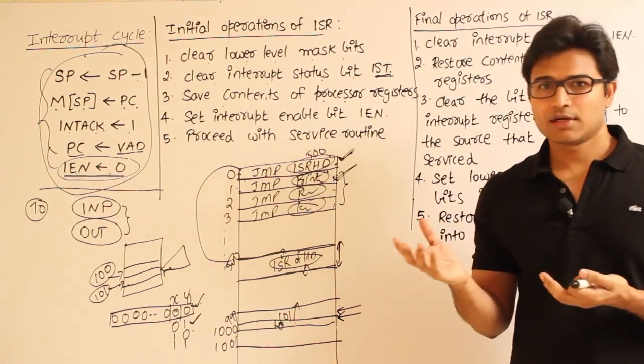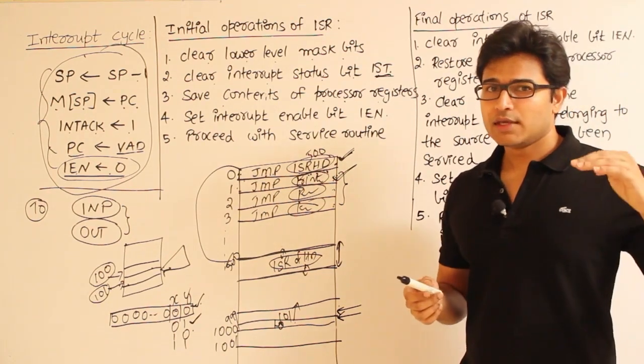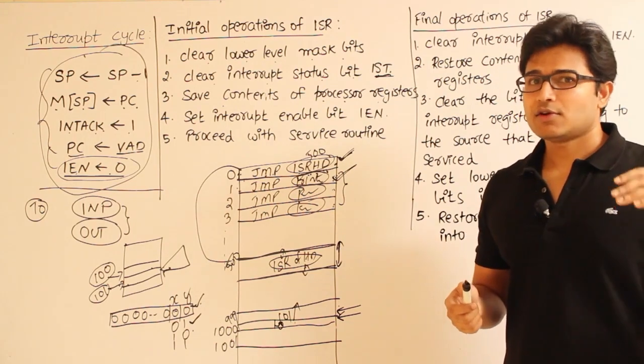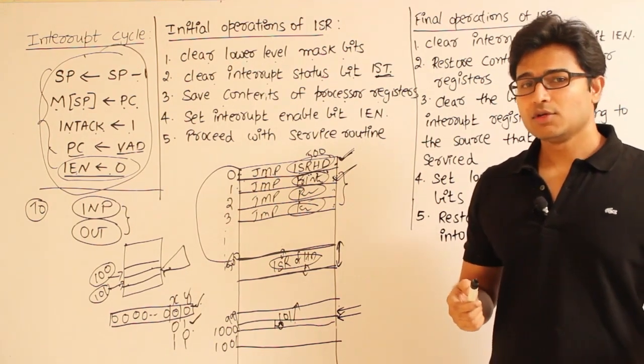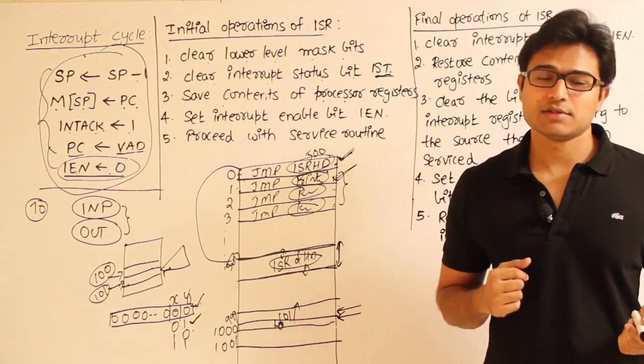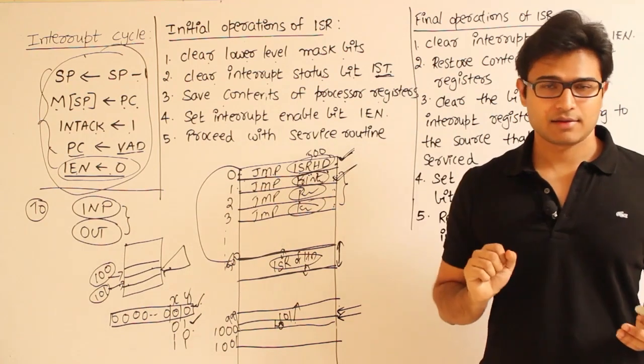Otherwise, if you don't store and restore the registers, there will be ambiguity, because the program which is currently executing might think that the registers are not modified, and it will try to use the values in the registers which have been modified by the interrupt service routines. That is why we are supposed to save them somewhere and get them back, right?